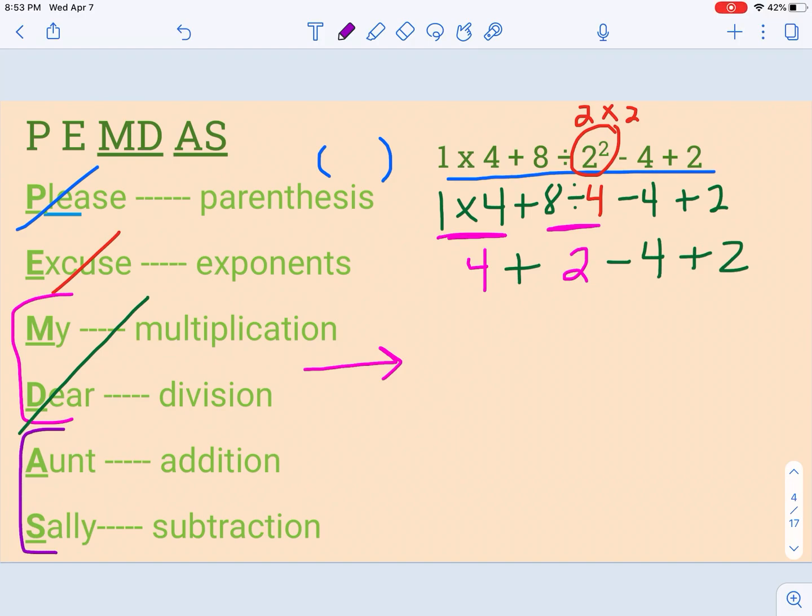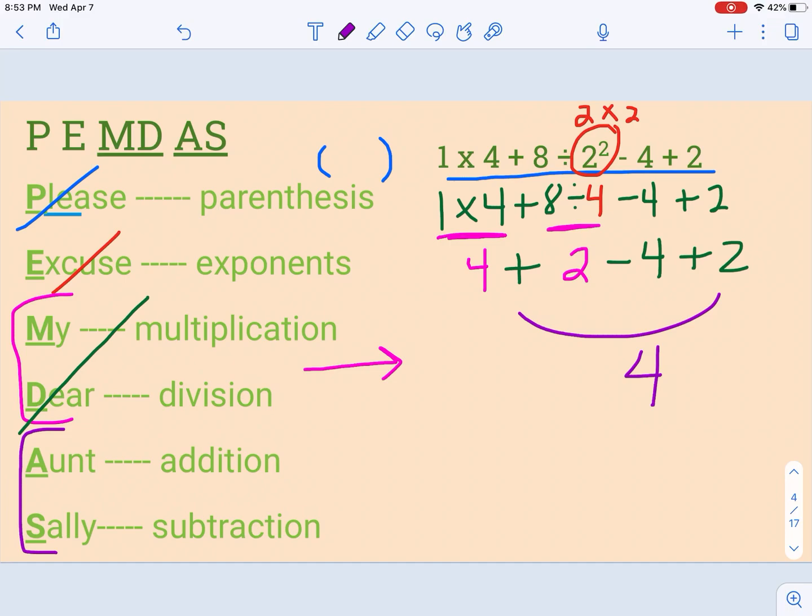So you're going to do your addition and subtraction in the same way, going left to right. At this point, these are the last steps of the order of operations, so it should be all that we have left, so we're just going to go straight across. So we have 4 plus 2, which is 6, minus 4 makes 2, plus 2 makes 4. Okay, and that is our final answer.